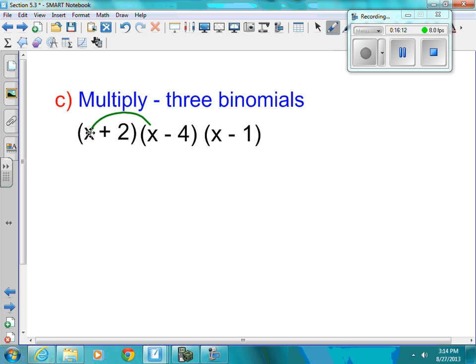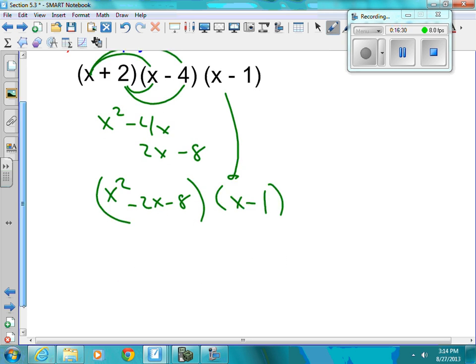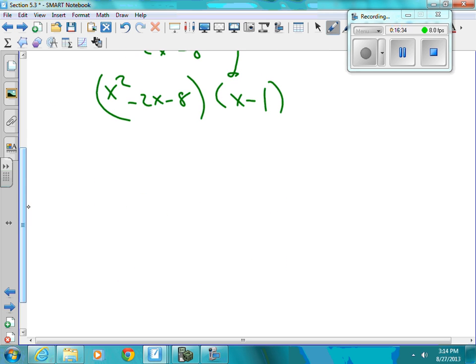Let's FOIL these first ones again. X squared minus 4x plus 2x minus 8. X squared minus 2x minus 8. Remember, I still have this x minus 1 that I have to multiply by. So we bring that down. We have a trinomial times a binomial.